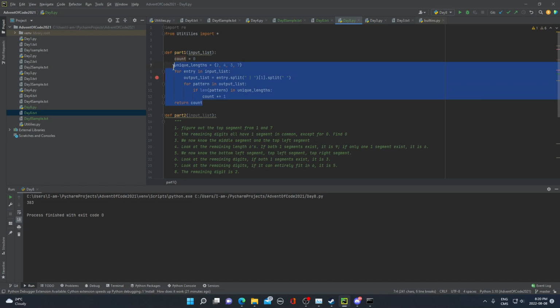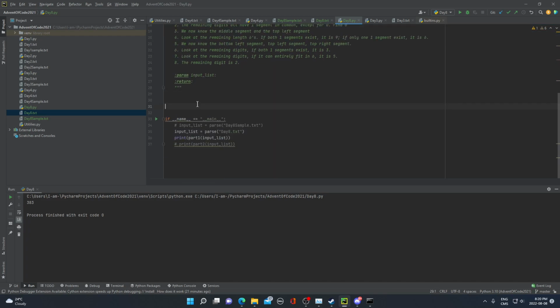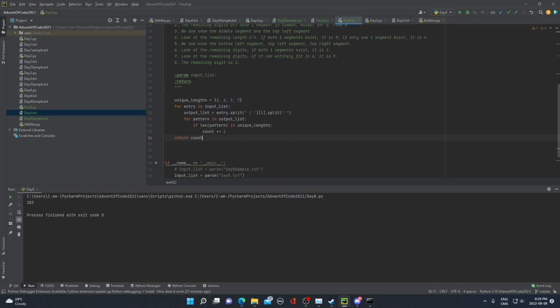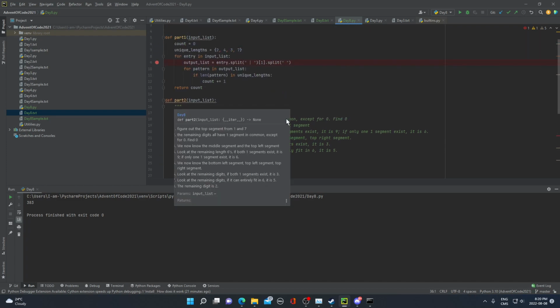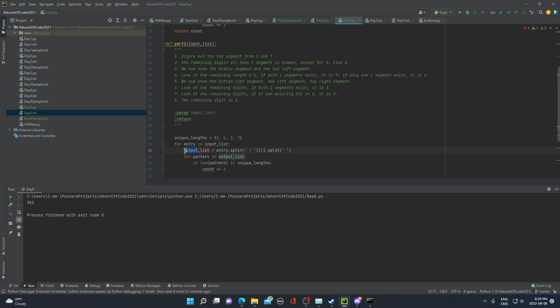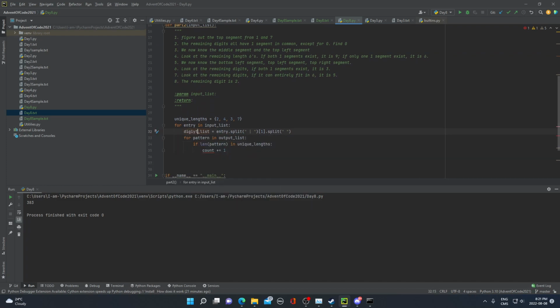I don't need length, whatever we need. Digit list. And output list too.